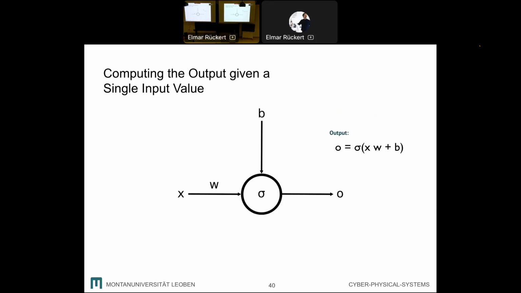Now, to make this thing a bit more powerful, we add another free parameter. Free parameter means I can train this parameter. I can train it from data. This free parameter term is called bias or offset term, and it's simply added here to this product.